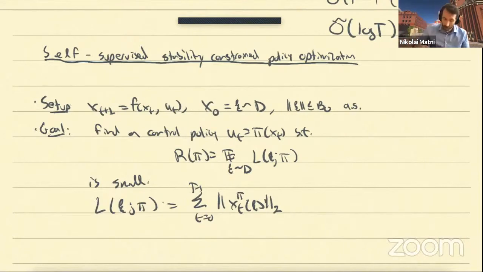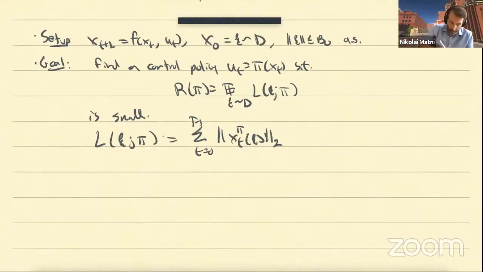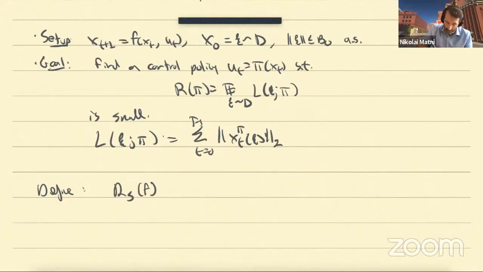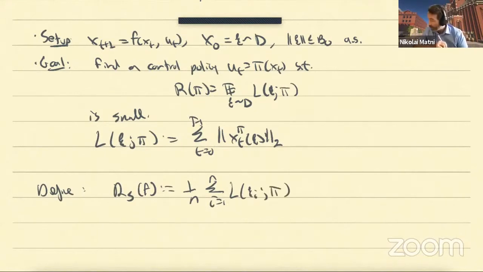So the way we're going to do this is we're going to go through our empirical risk minimization approach. We'll define our empirical risk of pi to be equal to 1 over n, the sum for i equals 1 to n of these empirical risks starting from these different initial conditions.